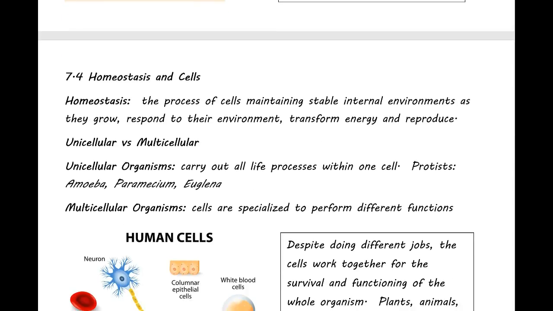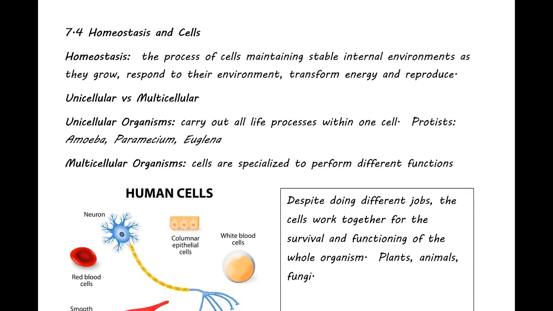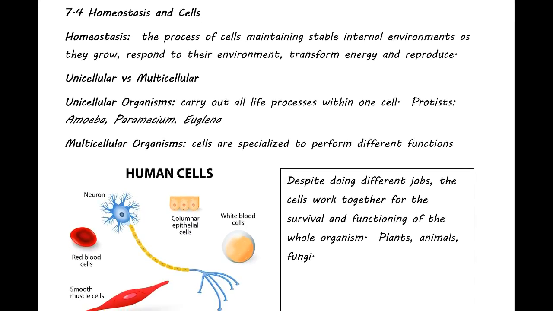All right, let's conclude the chapter with 7.4. All of these activities that we've been talking about, the transport, is to help the cell maintain homeostasis. This process is an internal balance where the environment stays the same, whether the cell is growing, responding to the environment, transforming energy, or reproducing.